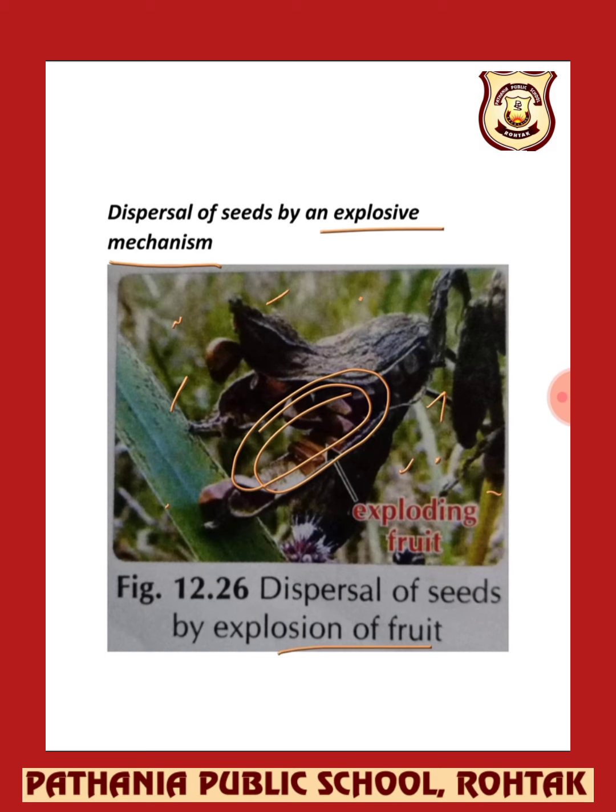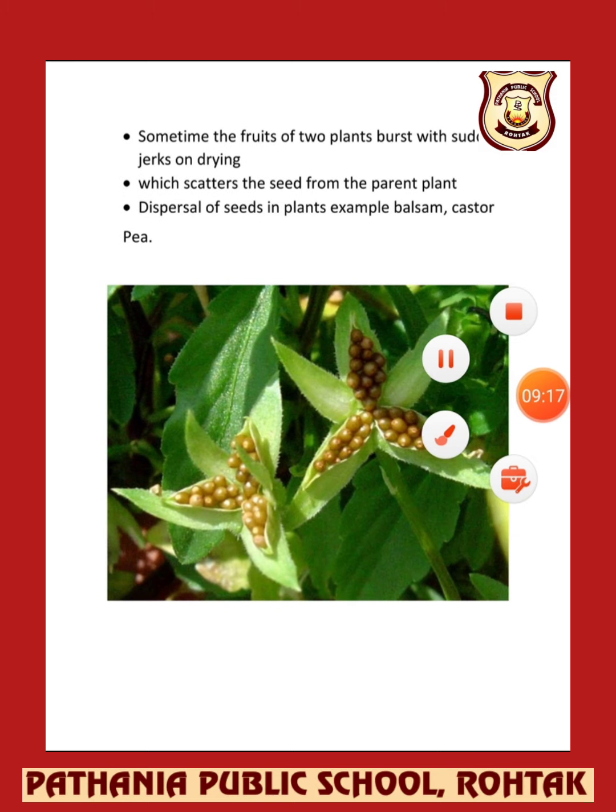They will fall in faraway places, and from there animals can take them, wind can take them, water can take them, anything can take these seeds from one place to another, and easily the plant can disperse over distance.